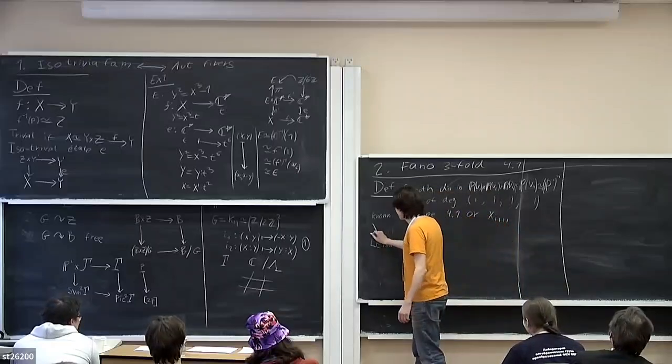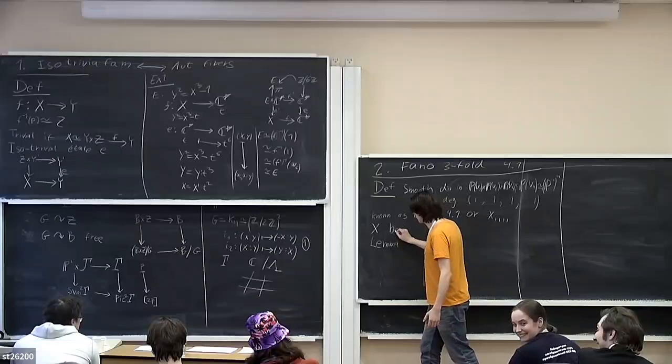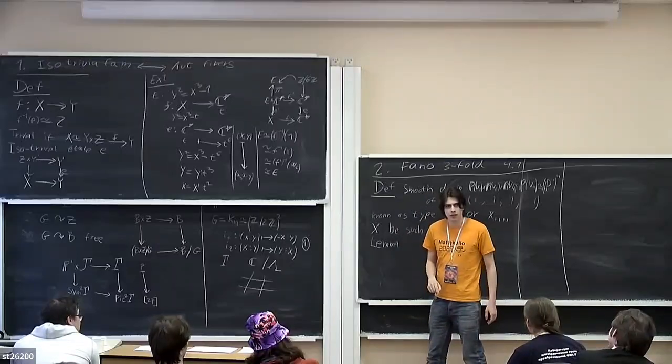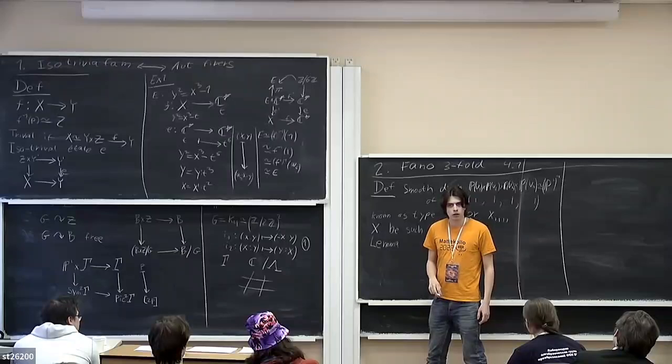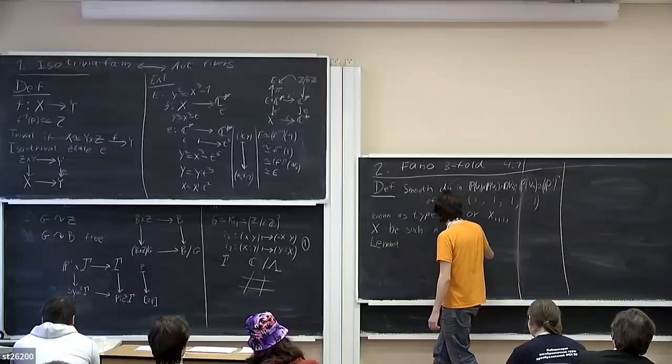So let X be, let's say this part is not due to Iskovskikh, it is due to Mori and Mukai. Picard rank is due to Mori and Mukai. Okay, Iskovskikh is only rank 1. Okay, let X be such a threefold.